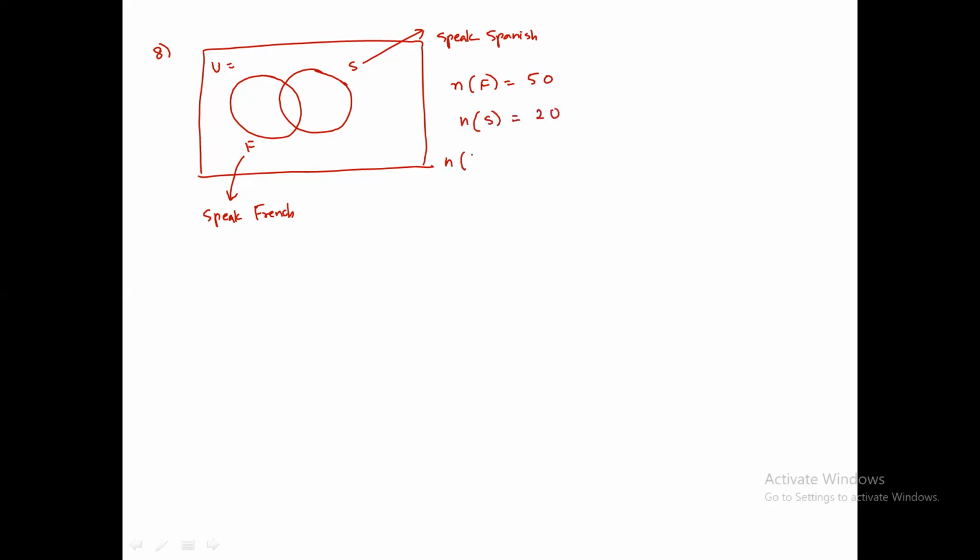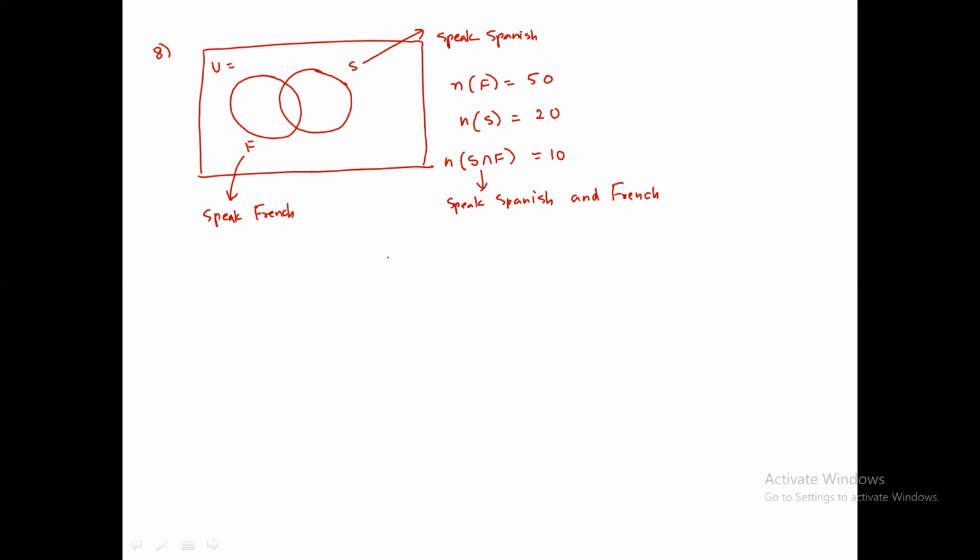Number of people who speak Spanish and French, both, so 10 people are there who speak Spanish and French.